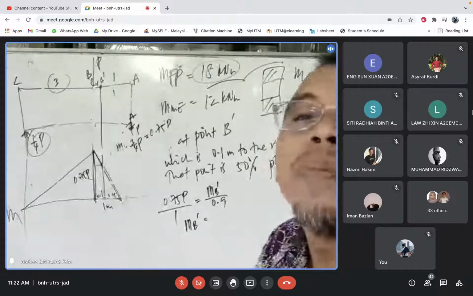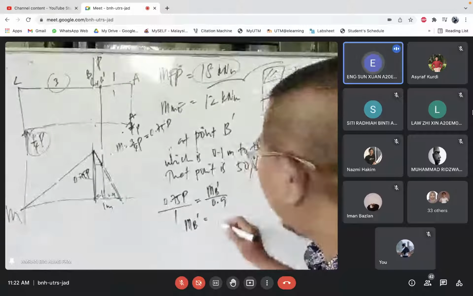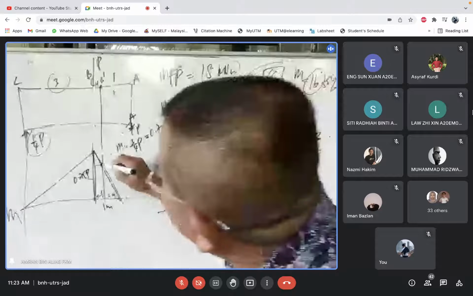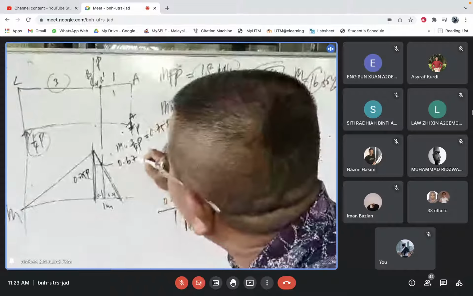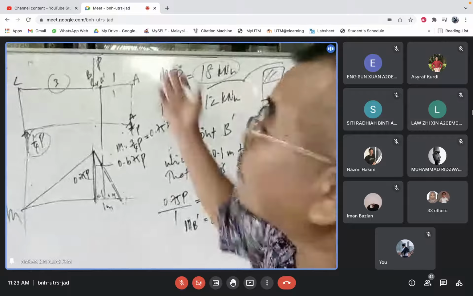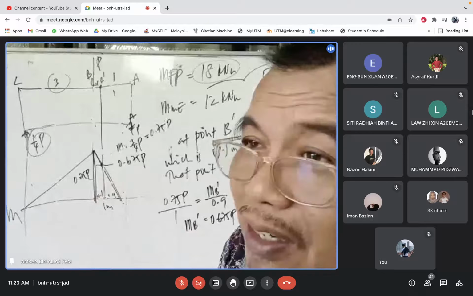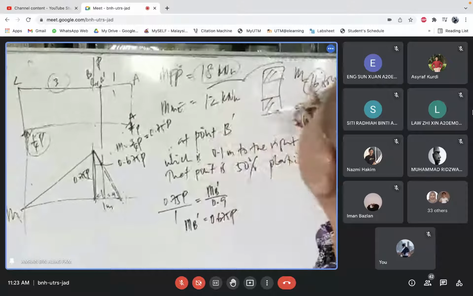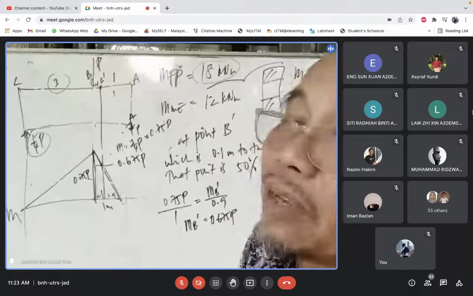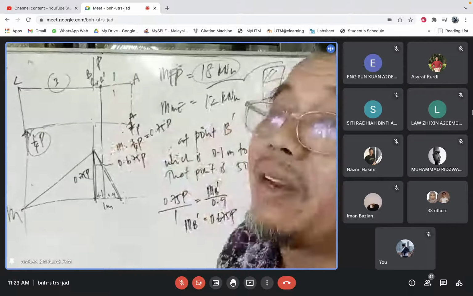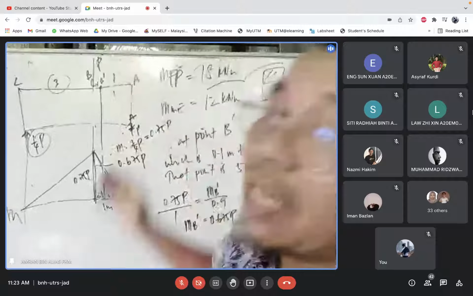It is 0.675P. No problem. Now can I solve things? Yes, I can solve things with that. 60% and 50%, but not through this point. I solve it through this point. Can I find the P naught? Yes.